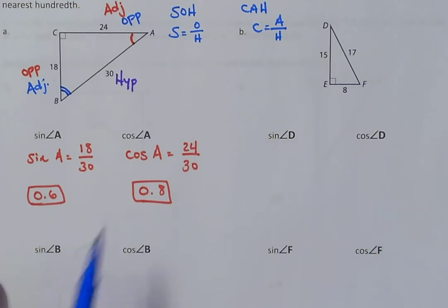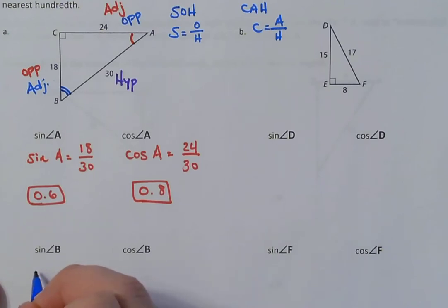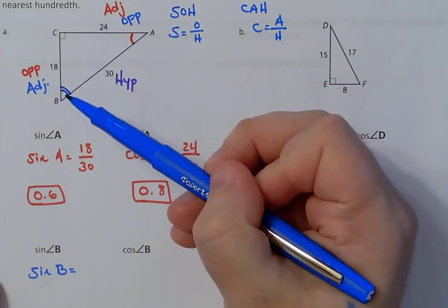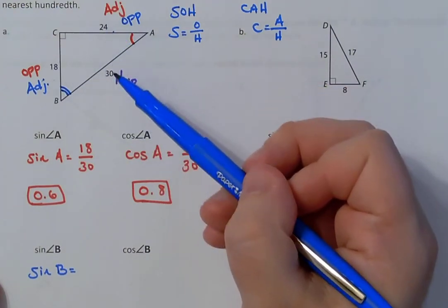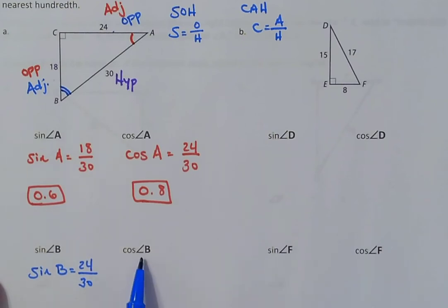So sine of B, sine is opposite over hypotenuse. So sine B is opposite over hypotenuse. From B, opposite is 24, and the hypotenuse is 30. And then before I calculate it, let's set up for cosine.